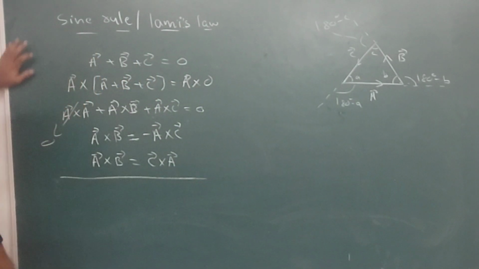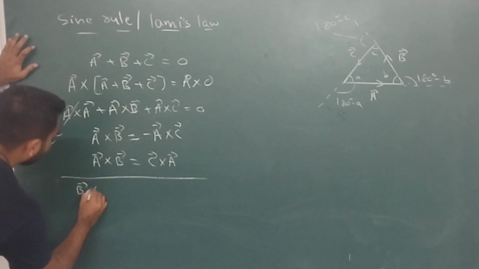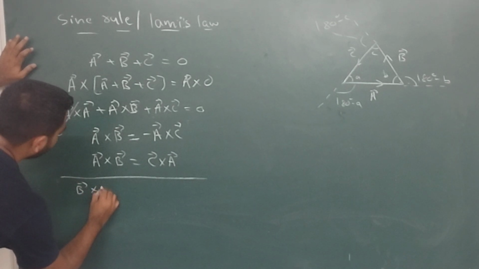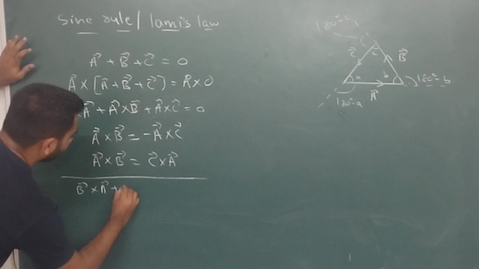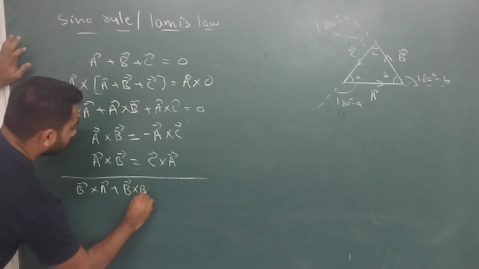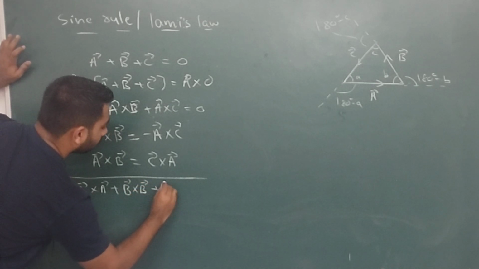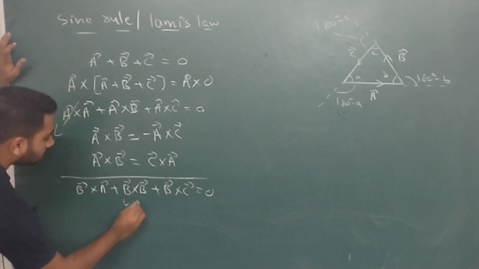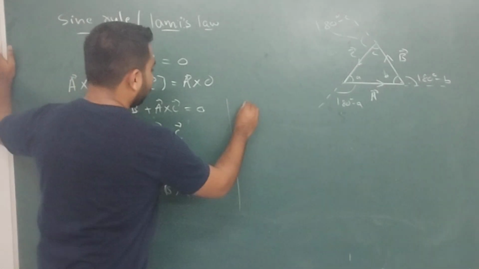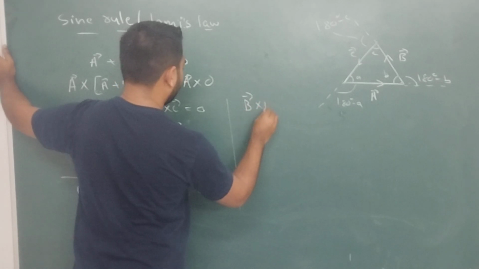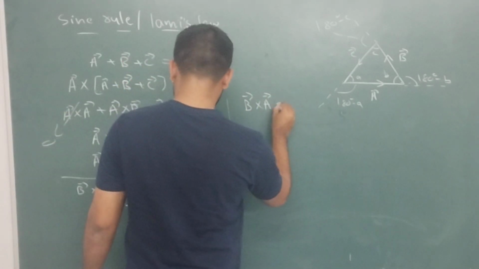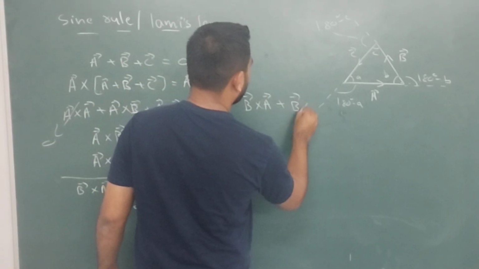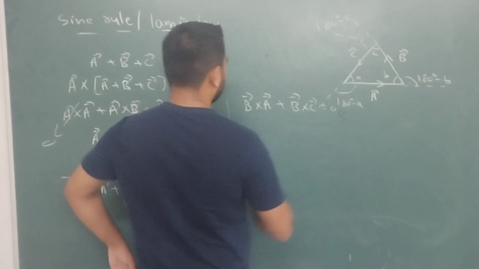Now similarly I will do for B also. If I do for B, it will be like this. This becomes 0, this becomes 0, then you will be left with B dot A plus B dot C is equals to 0.